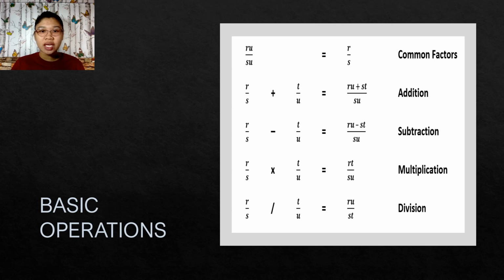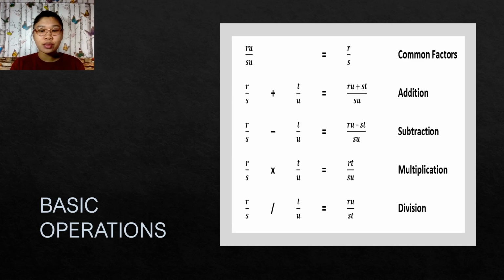For multiplication and division, if you watch my video about fractions and decimals, I discussed there how I give emphasis on multiplication and division of fractions. So if your foundation about fractions is not that strong, you may refer to my video about fractions, so that it may further help you with this topic.